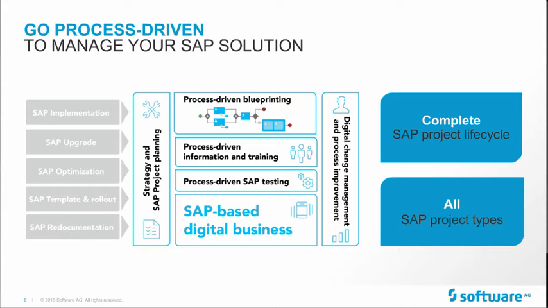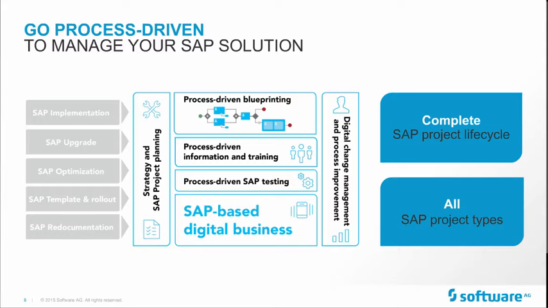It will start with the strategy and SAP project planning. Already at this point in time, you need to think about how to implement the SAP system, what the targets are, and what processes you want to implement. With the blueprinting, you will go into more detail, take the processes into the system, model them, and define them with your colleagues.